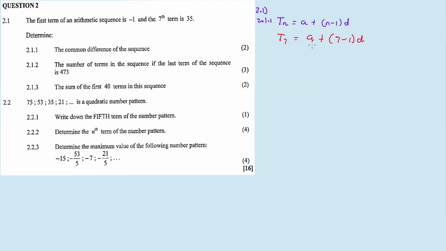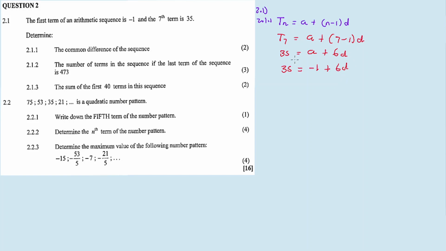T7 is equal to A plus 7 minus 1 times D, right? And then T7, the seventh term, is 35. All right, it's equal to A plus 7 minus 1 is 6, and then D, the common difference. Therefore 35 uzoba equal to minus 1 plus 6D.